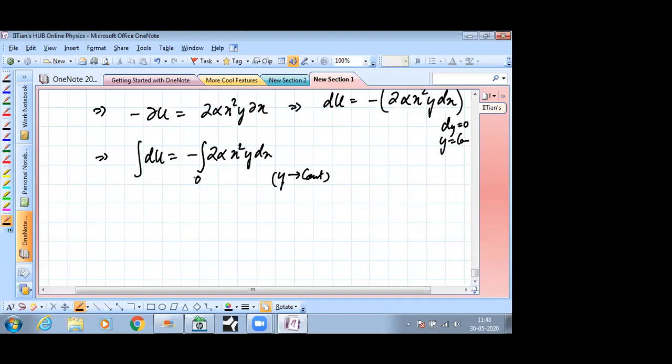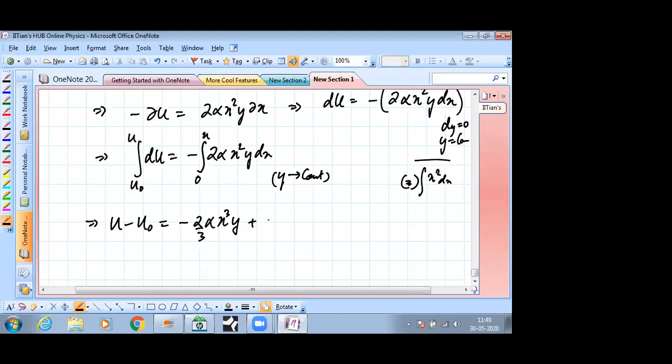Suppose at x equal to 0, the potential energy is some u naught, and at x equal to x, the potential energy is some u. You'll get u minus u naught is minus 2 by 3 alpha x cube y, because integration of x square dx, you're doing that. Rest of the terms are just coming outside. So this 2 alpha y is just coming outside.